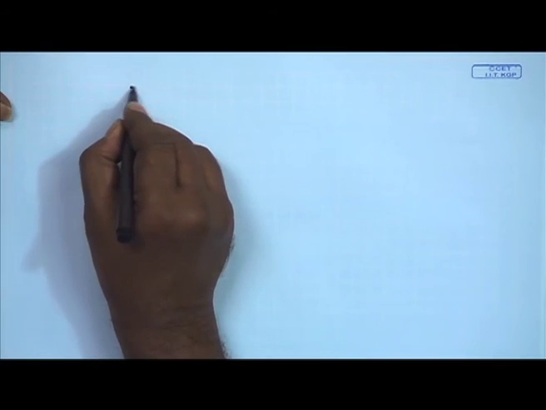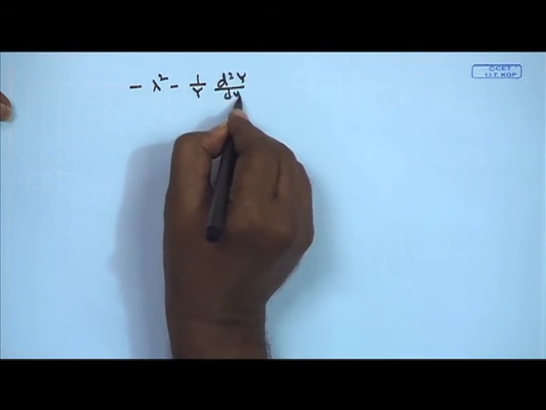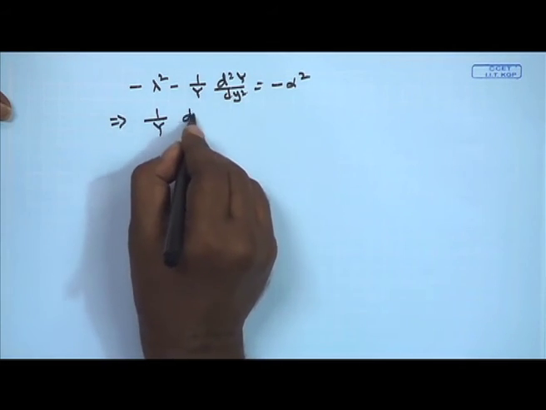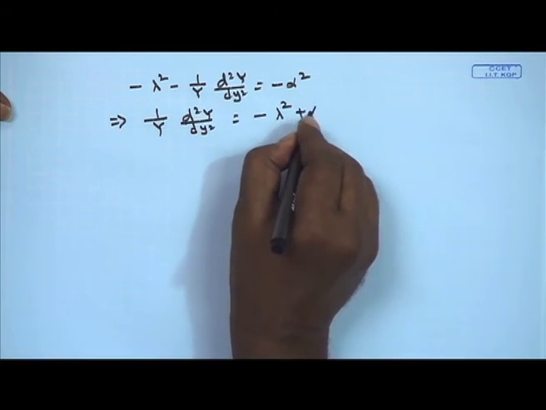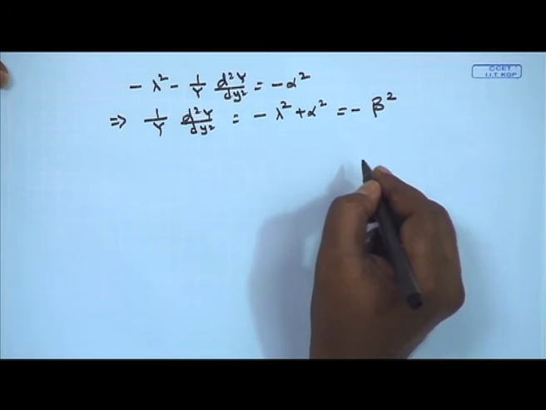So, this is the solution of the x varying part. Now, let us look into the solution of the y varying part, then we will be getting the solution of time varying part, then we will be constructing the complete solution. So, the y varying part: minus lambda square minus 1 over Y d square Y/dy square is equal to minus alpha square. So, 1 over Y d square Y/dy square is equal to minus lambda square plus alpha square, and again this will be a new constant minus beta square in order to have a non-trivial solution in the y direction as well.